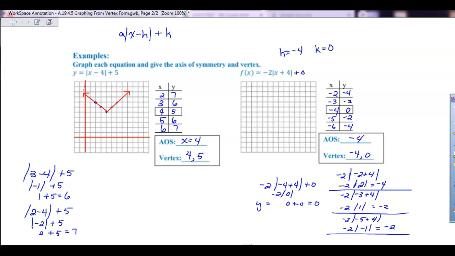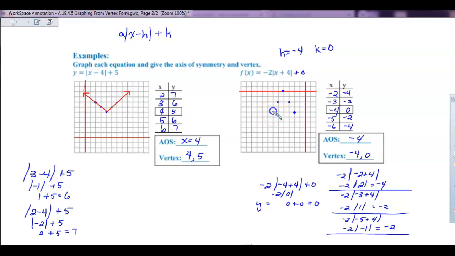Now we need to go ahead and create our graph. Because all of our x values are negatives and all of our y's, except for this one here, are all negatives, I'm going to draw my grid like this. And I've got -2, -4, so 1, 2, 1, 2, 3, 4. -3, -2. -4, 0. -5, -2.